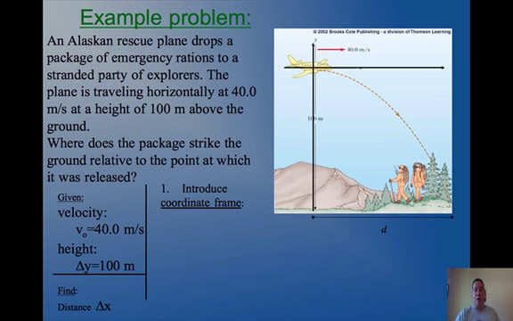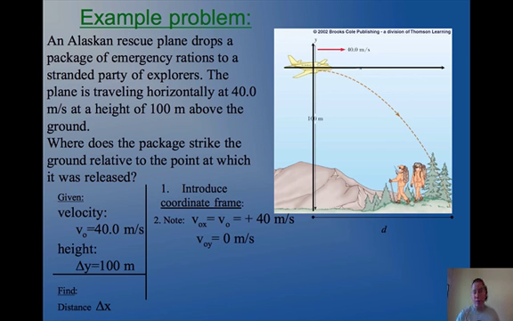So we have to put our x and y somewhere. It doesn't technically matter if you put it at the bottom or at the top, but I think the easiest is if you start at your point of origin with your x and your y crossing right at the origin of the motion. But we'll talk more about that later. In this case, this is definitely the easiest place. And you already know that your initial velocity is only in the x, and that's 40 meters per second. V naught y is 0.